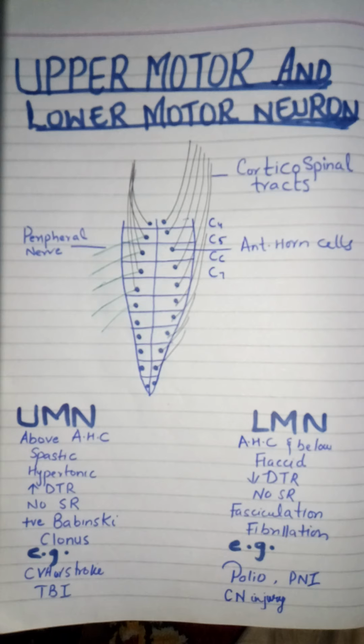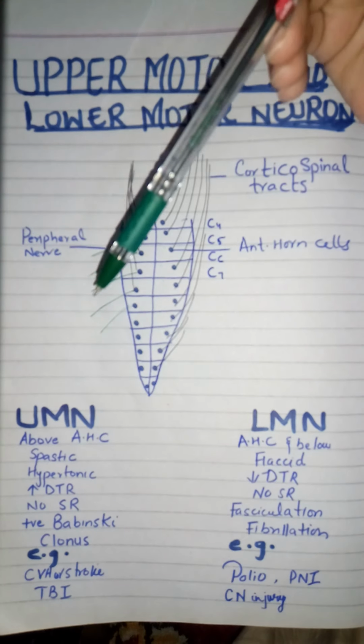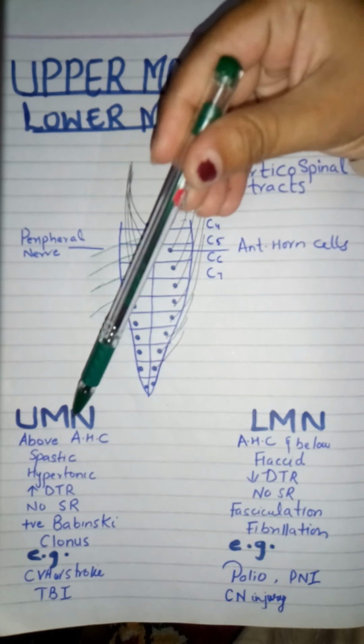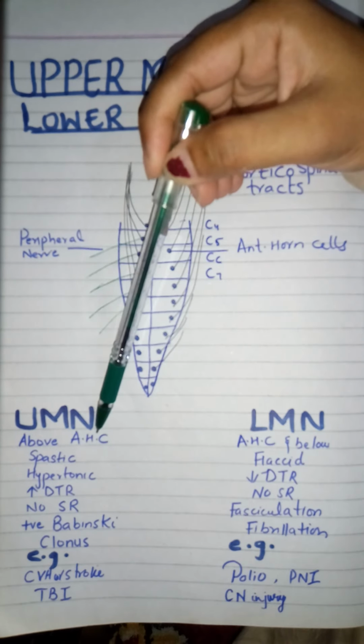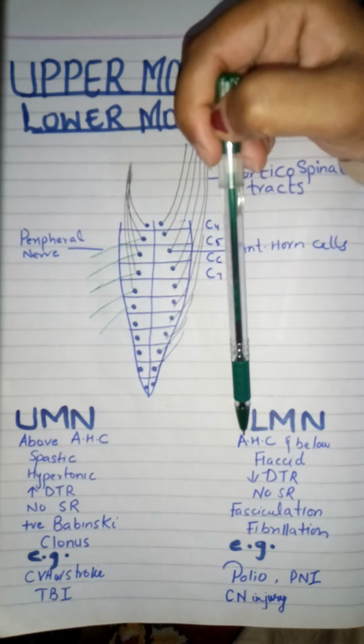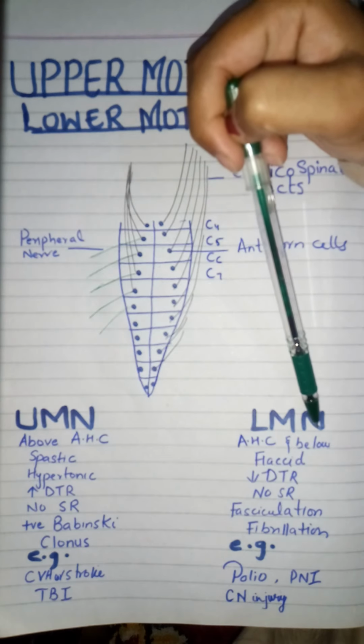Let's talk about a few of the signs which are given in many places about upper motor neuron and lower motor neuron disorder. I have written them over here. For upper motor neuron the injury will be above the anterior horn cell, as I have explained. For lower motor neuron it will include the anterior horn cells and below.